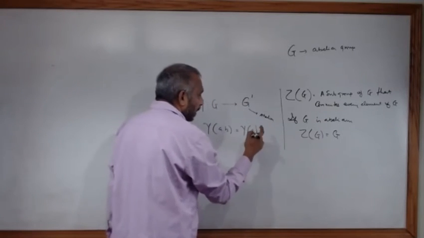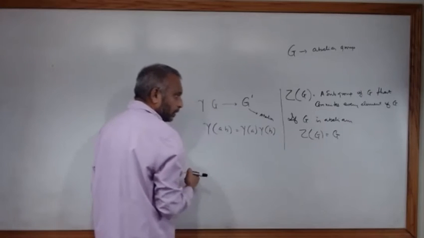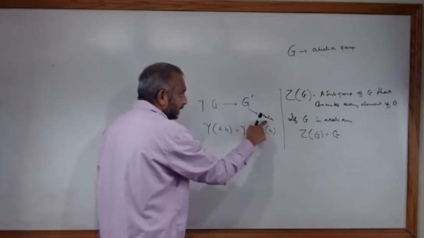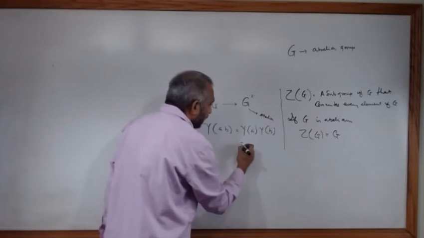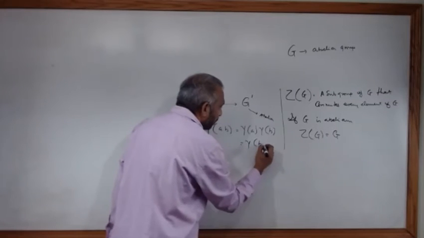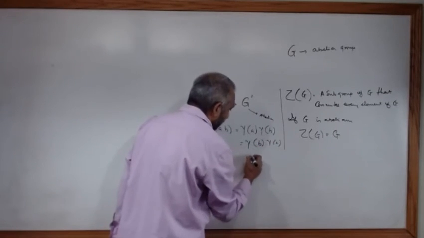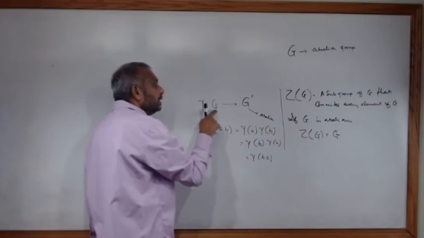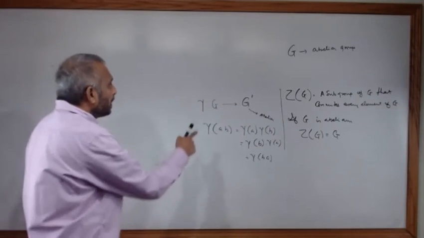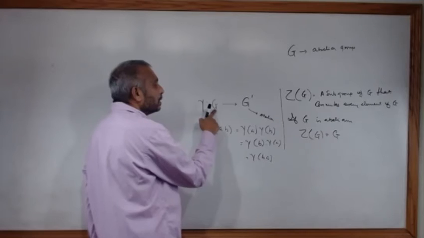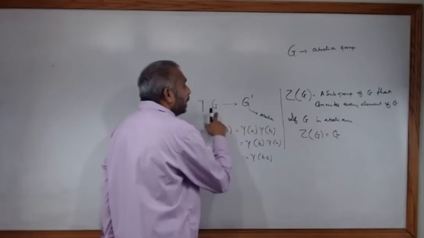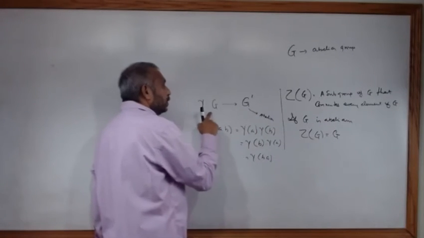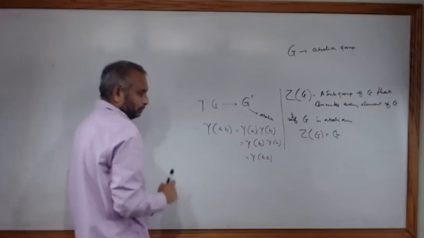Gamma of ab is equal to gamma of a times gamma of b, and these two elements are in the target group, which is abelian, so we can write it as gamma of b times gamma of a, and that is gamma of ba. So we are actually abelianizing this group. Even if it's a non-abelian group, we are making an abelian group and a homomorphism, so that you can abelianize the non-abelian group. That is the plan.